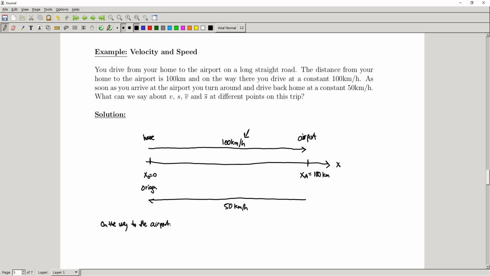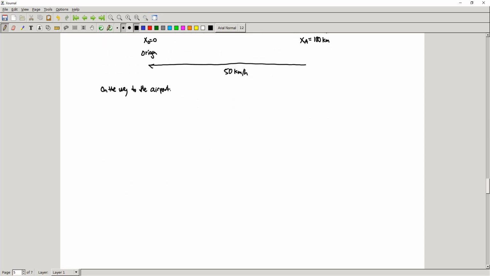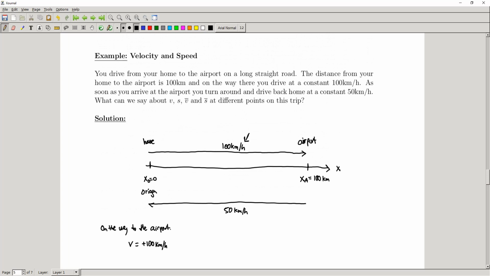At any point on the way to the airport, our instantaneous velocity is going to be equal to plus 100 kilometers per hour, because at any point on the way there we're moving in the positive direction, so I've stressed that by including this plus sign. We're moving at 100 kilometers per hour in the direction of the airport.